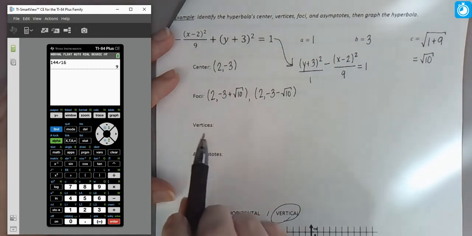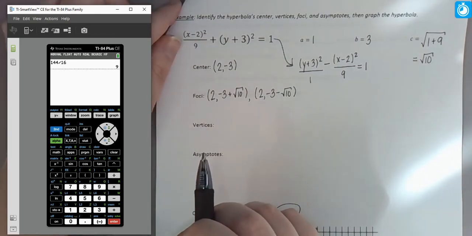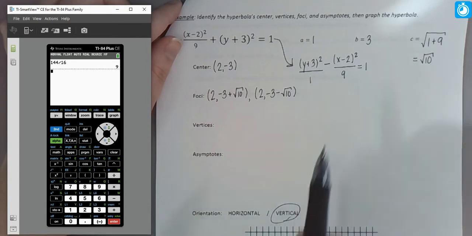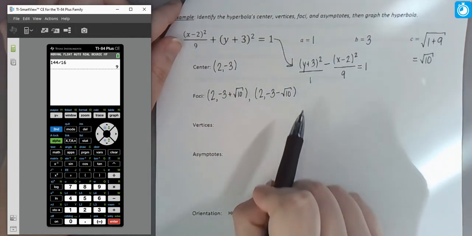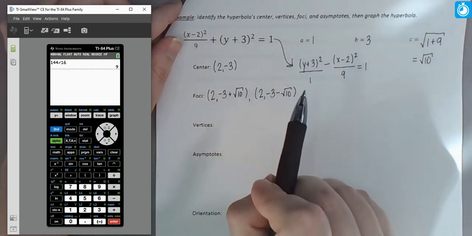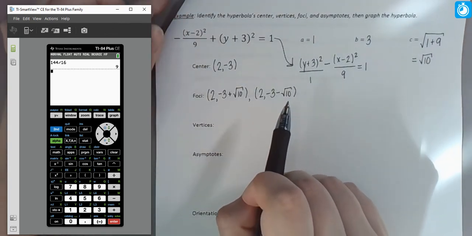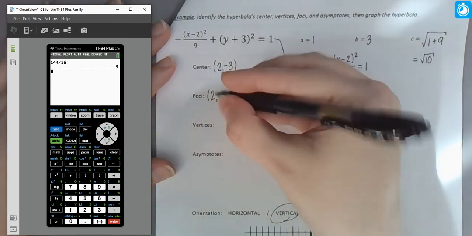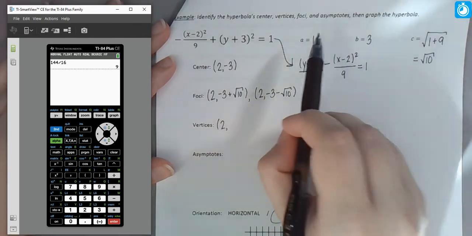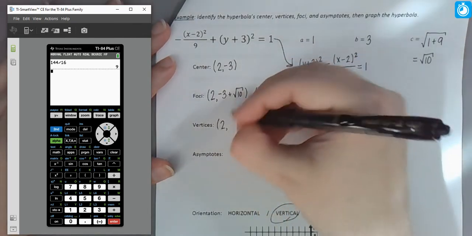Let's focus on the vertices, though. So the vertices are also distributed away from the center in the same way. If we're talking about a vertical hyperbola, if this is our center, we've got a vertex above, we've got a vertex below, a units in either direction. So we're holding our x value constant, and we're just adjusting our y value, increasing by a units and decreasing by a units.